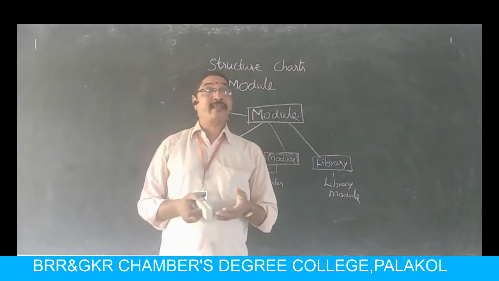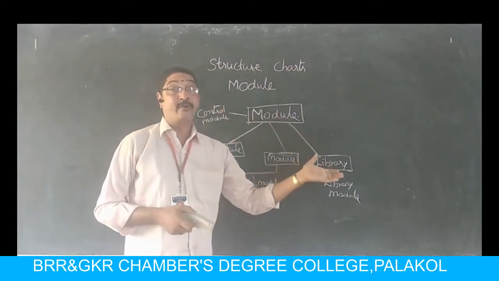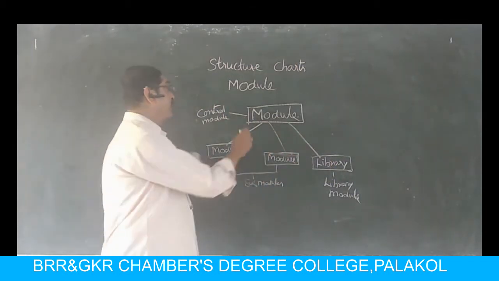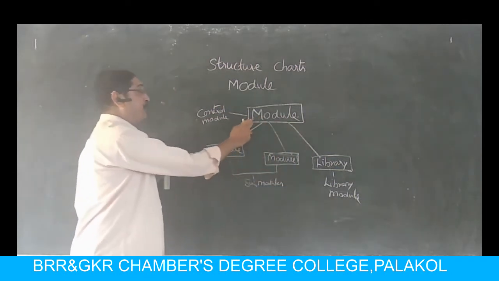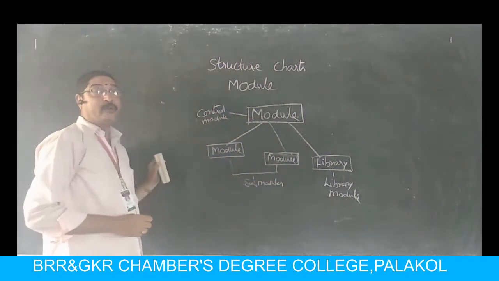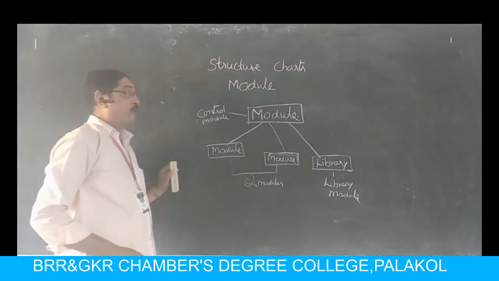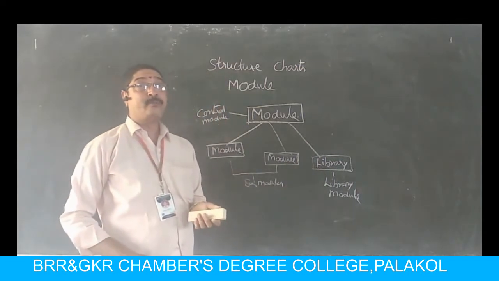These reusable things are called libraries, and they can also be used as submodules in this module session. Here, the main module contains submodules. So this main module is called the control module. And these are all called submodules, and we have libraries also. This is called the library module.